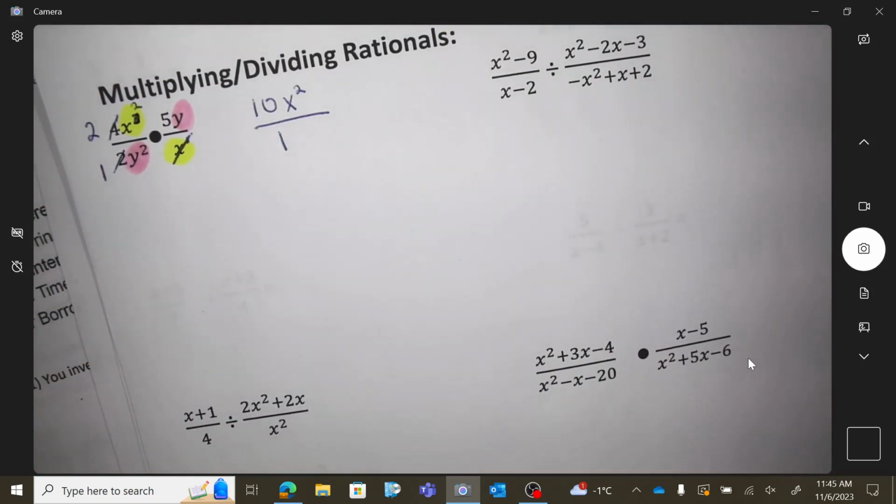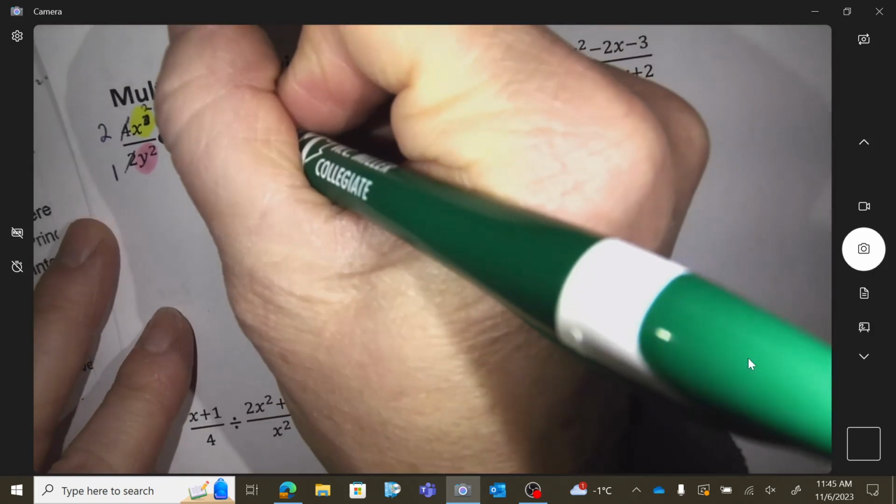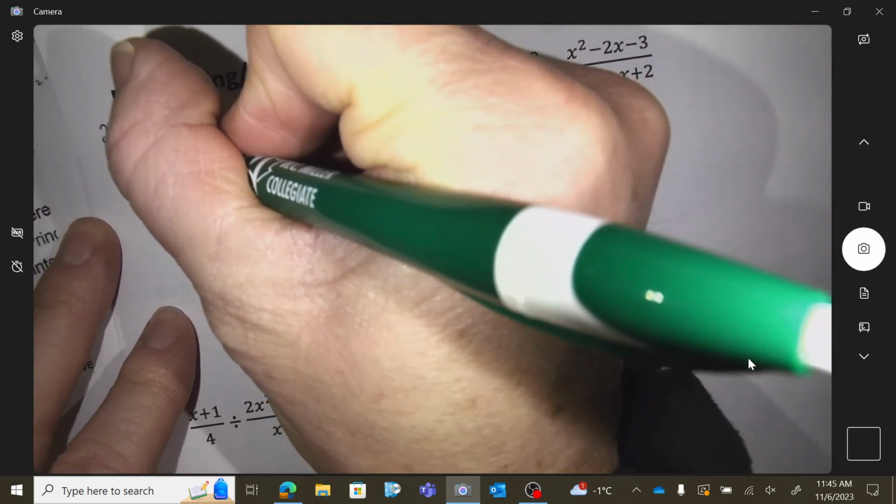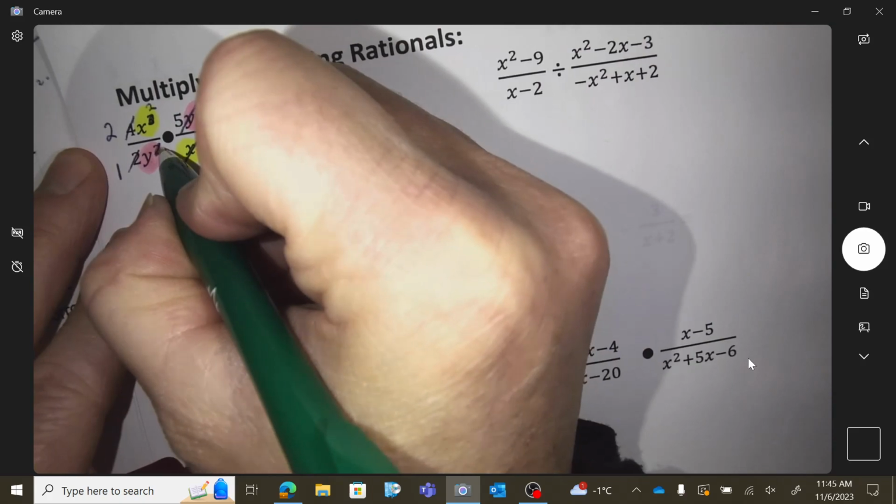And the y's, what can we possibly take out? A y. So if we did that, gone. If we took out a y, the 2 would change to a 1.